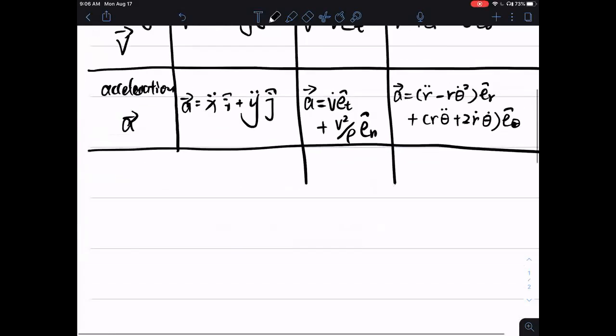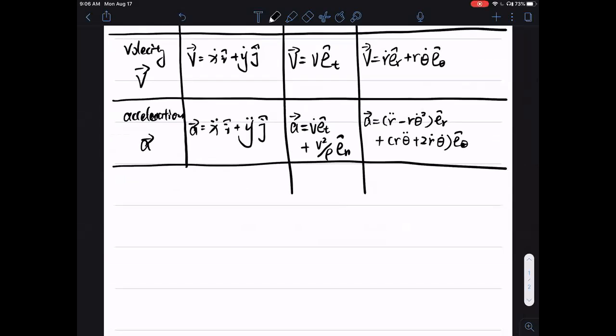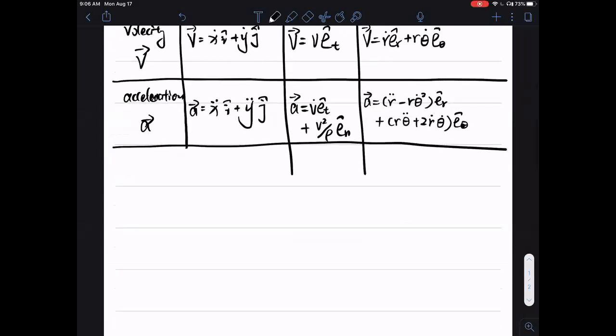Now let's look at drawings, since you need to draw the unit vectors for all your homework problems.